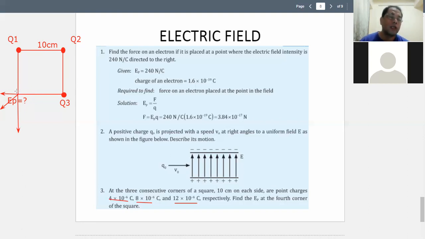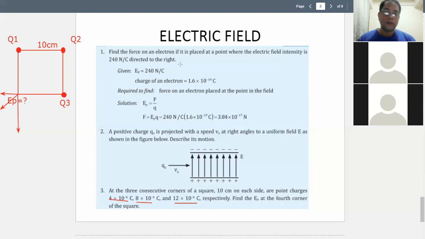So the effect of these 3 electric fields eventually becomes your E sub P. So E sub P therefore is the sum effect, or the resultant, of the 3 electric field intensities. Are you following me? Yes, sir.